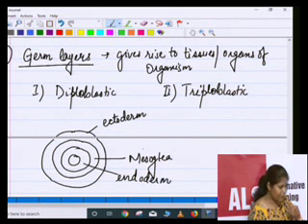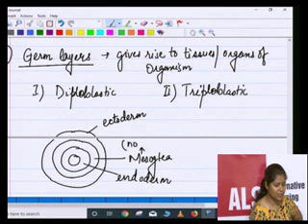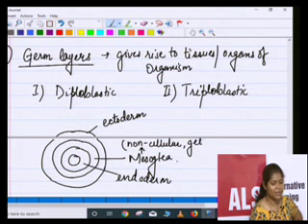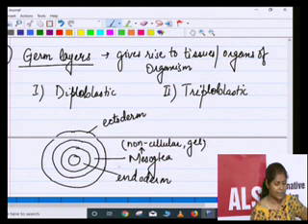What is mesoglea? If a question comes to you, you need to answer that this is a non-cellular gel-like layer. It is a non-cellular gel-like layer, and this is endoderm, and this innermost layer happens to be the gut.